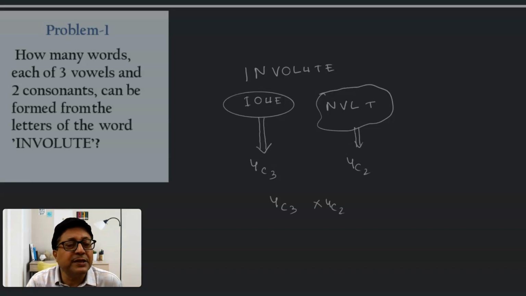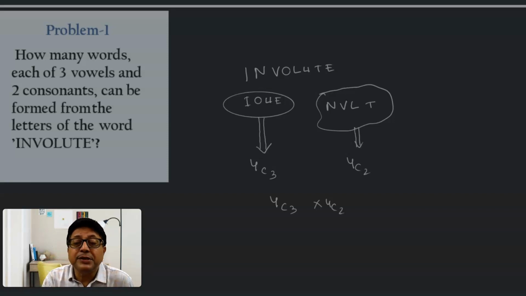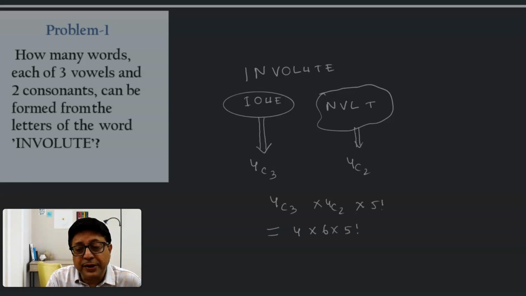Total number of selections. But the problem is, you have to form words. You need to arrange those selected 5 letters. They can be arranged in 5 factorial ways. So the required number is going to be 4C3, that is 4, 4C2, 6, into 5 factorial.